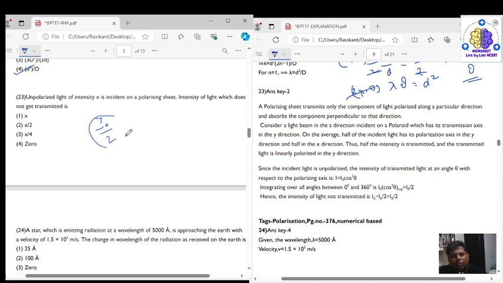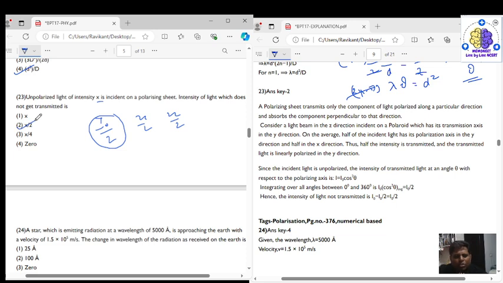So if half is being transmitted, half is not transmitted. If the intensity was initially X, the transmitted intensity will be X by 2 and the not transmitted intensity will also be X by 2. So the correct answer for this is option 2.